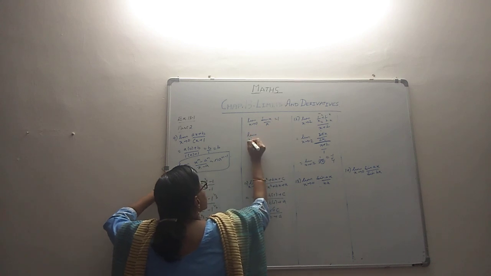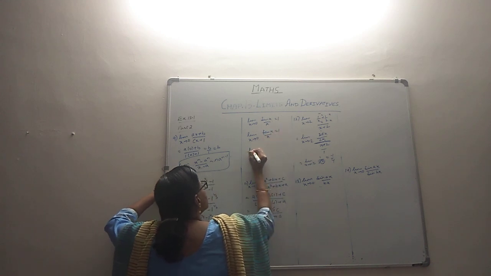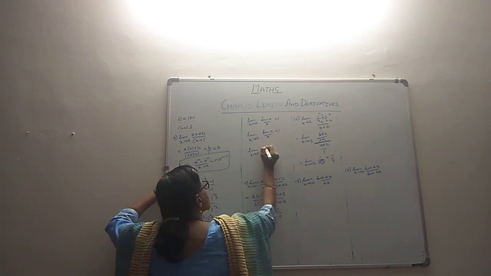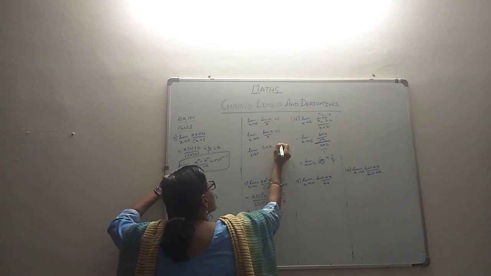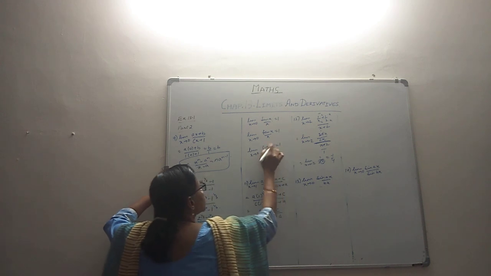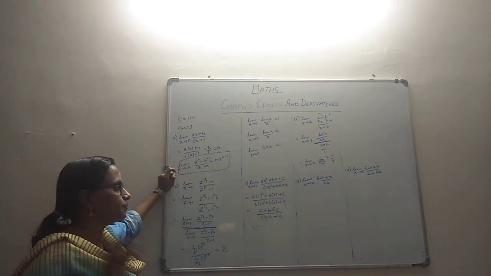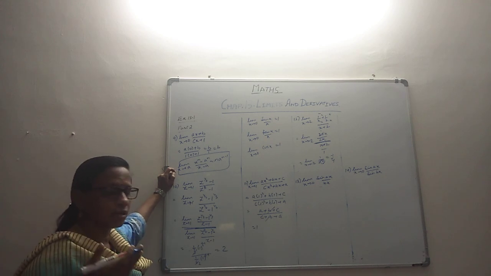Limit as x tends to 0, tan x by x is also 1. But limit as x tends to 0, cos x, can anybody tell? Cos 0 is 1. So here there is no by x business. Only that single thing, if it comes, it will become 1. Other things are also there that we'll learn as we go along.